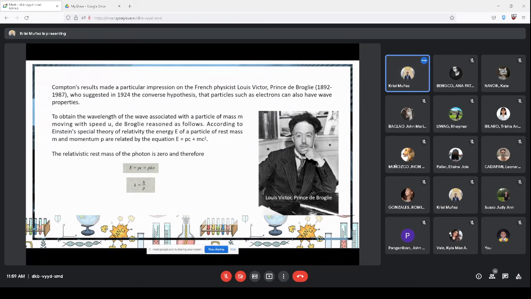So we have E is equal to mc squared. Got it? So the relativistic rest mass of the photon, class, is 0. That is true for the photon, but it is not true, class, for other entities, for example electrons, because they really have mass. So E is equal to pc, which is equal to p times, we know, class, that c is just your wavelength times frequency. So p times wavelength times frequency.